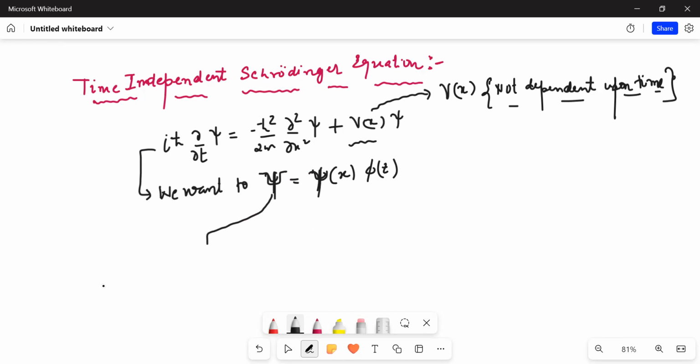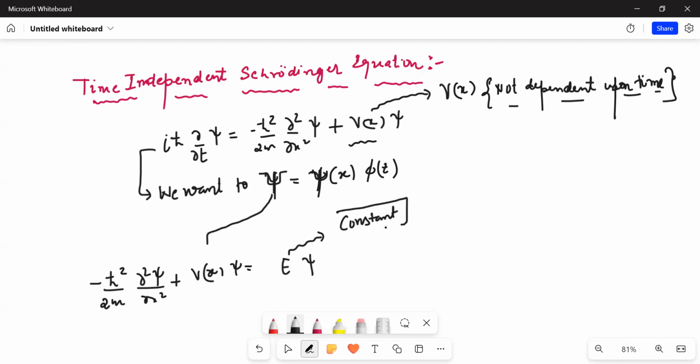What we'll get is minus ħ² upon 2m ∂²/∂x² plus V(x) ψ equals E ψ, and this E is a constant here. This phi as a function of t is a time dependent term, which we get as some constant times e to the power minus iEt upon ħ.